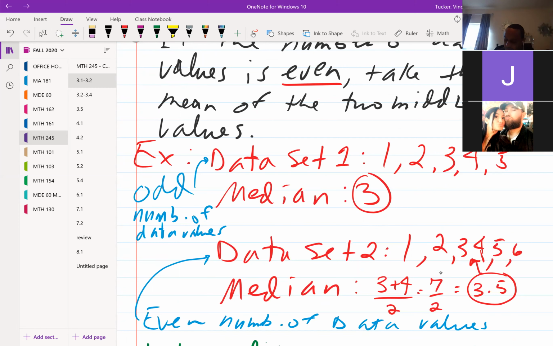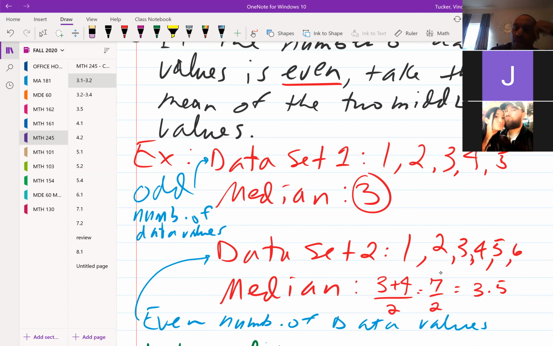But if I have another data set, let's say 1 through 6, like I did in the second set, I have an even number of data values. So what I would do is take the 2 middle numbers, which are 3 and 4, add them together and divide by 2, and that gives me 3.5.